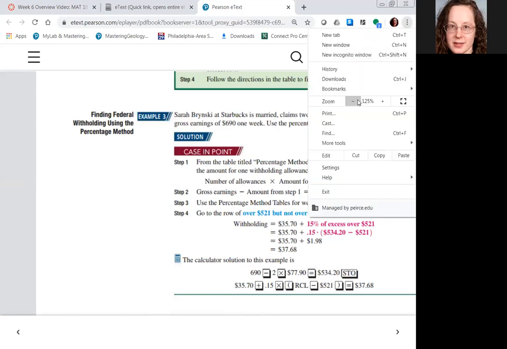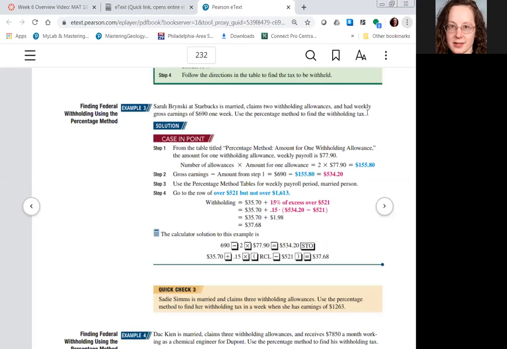Married and claiming 2 withholding allowances. Weekly gross earnings of $690 in the week. Use the percentage method to find the withholding tax. This is nicely color-coded for those of you that are visual learners. It's walking you through it step by step.